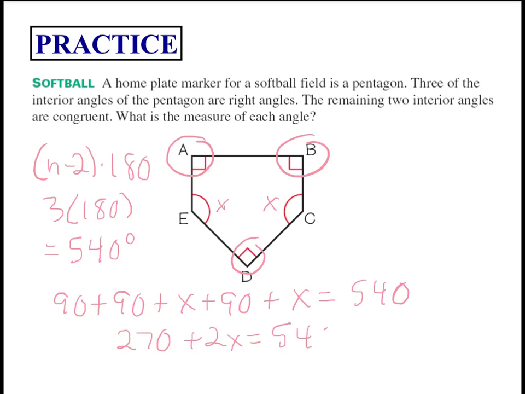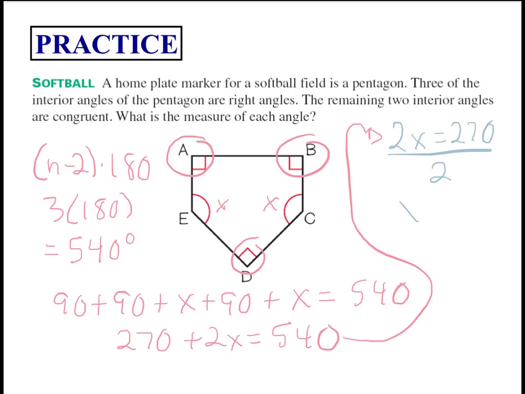Now we subtract 270 from both sides, and I'm just going to write this up here. So we're going to have 2x equals 270. Then we divide both sides by 2. We have x equals 135 degrees. So angle E and angle C equal 135 degrees.